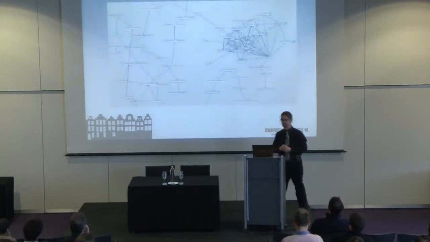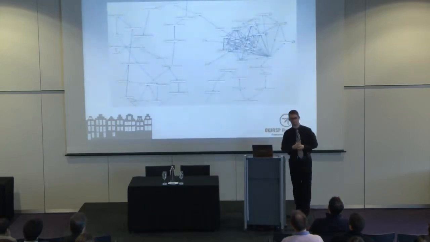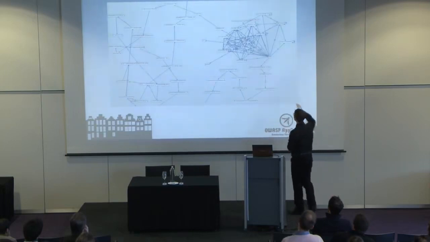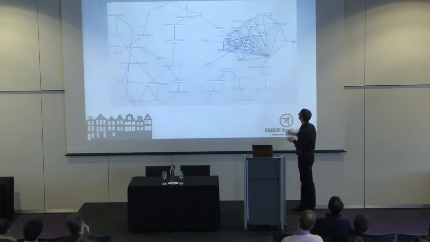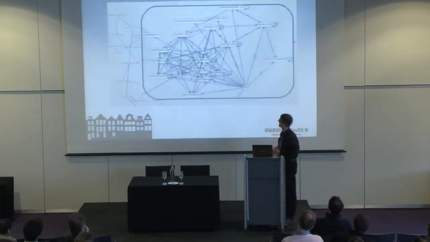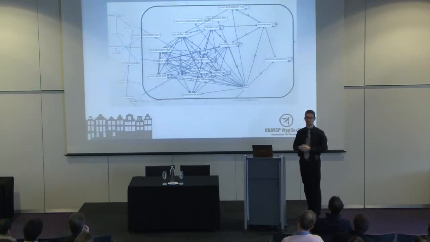This is actually another graph from a bit larger website. And I will show you details in a second, but you can clearly notice that there is a cluster of communication between these pages in the top right corner. And this is what I would say a legitimate use.